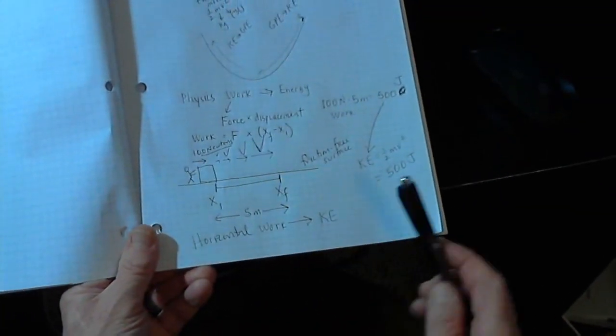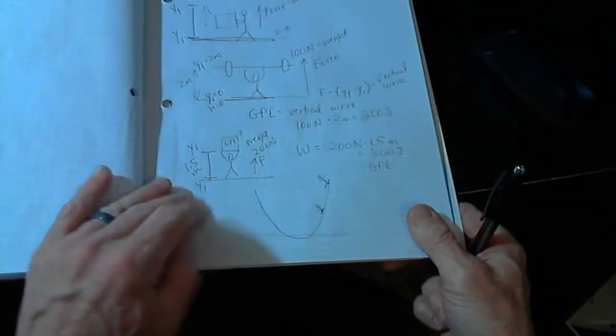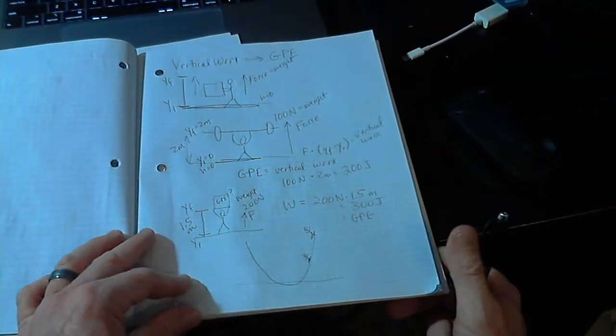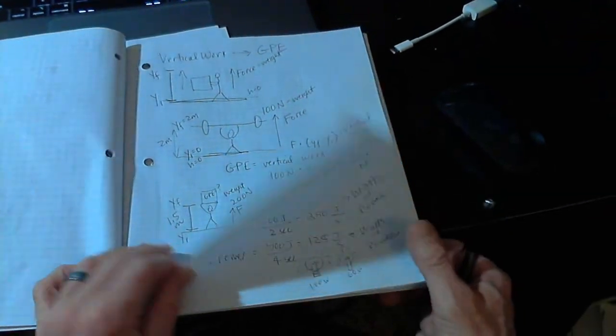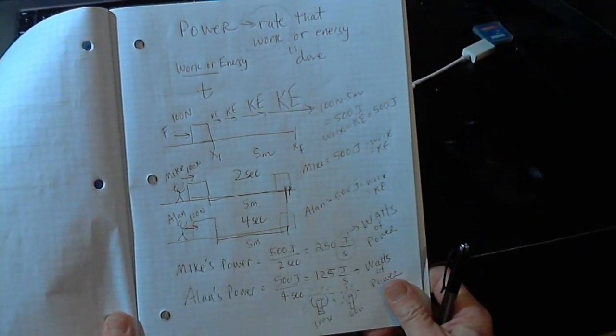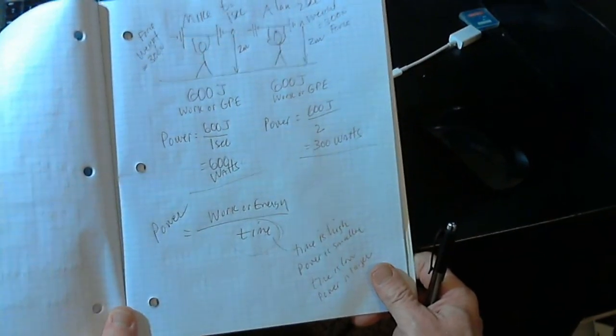It can be horizontal, there's a couple of examples. It can be vertical. There's power. And there's another example.